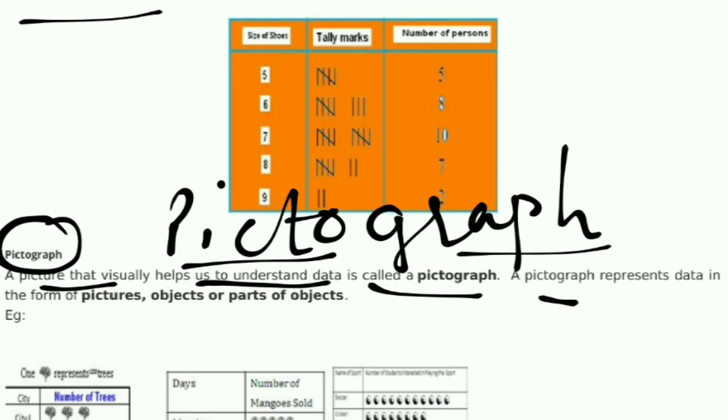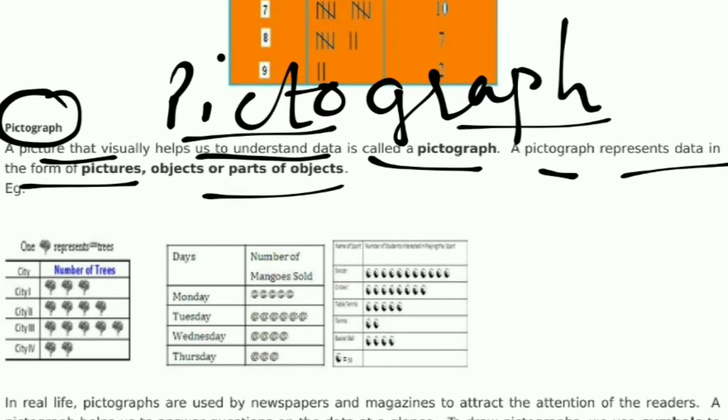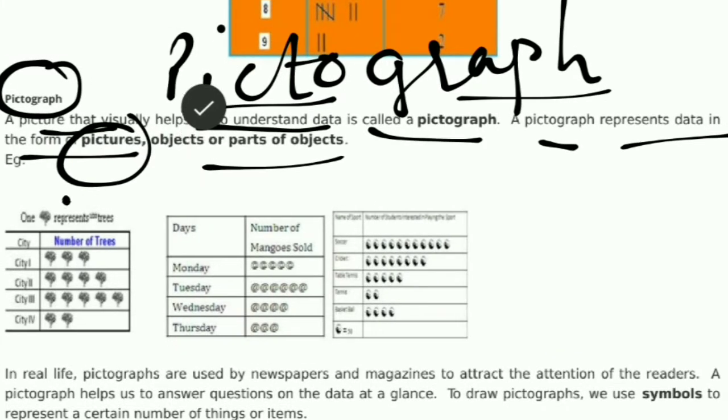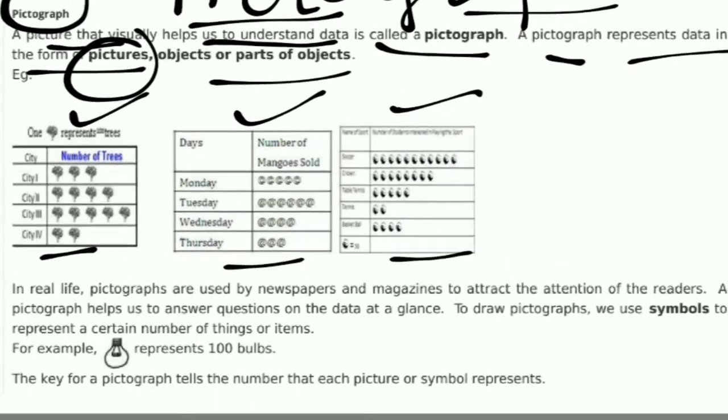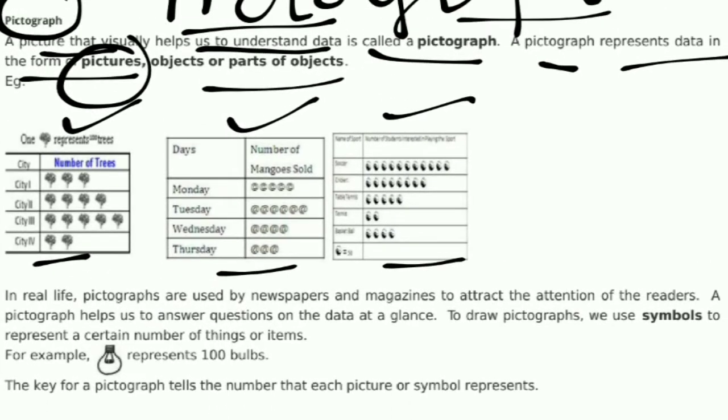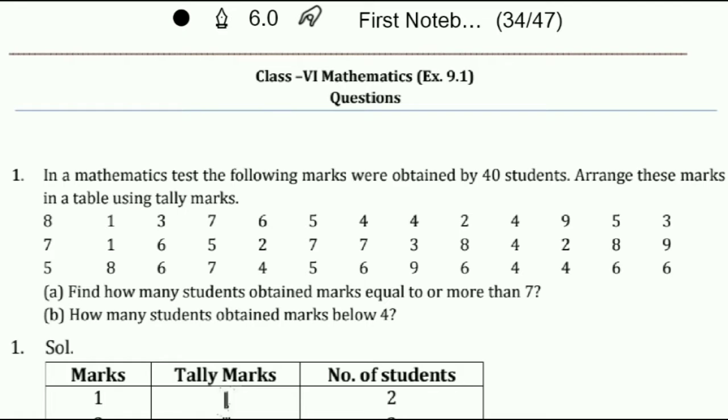A pictograph represents data in the form of pictures, objects, or parts of objects. See, these are examples of pictograph. So, data can be arranged in picture form. Clear? Now we will see exercise 9.1.